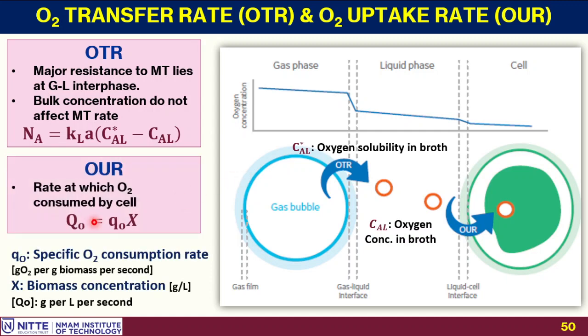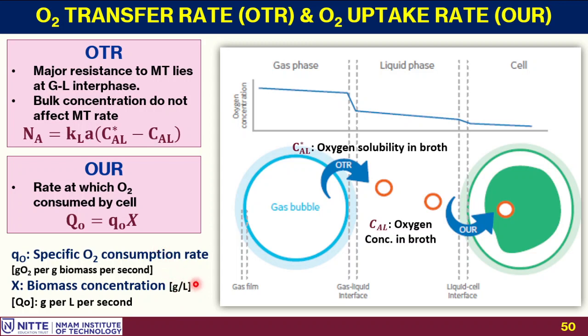Now OUR depends upon how much an individual cell can take, multiplied by the biomass. This is Q naught. Q naught is how much one gram of cell can take. X is the total quantity of cell that is present. So in the entire reactor, we consider X quantity of cell present in 1 liter of the fermentation liquid.